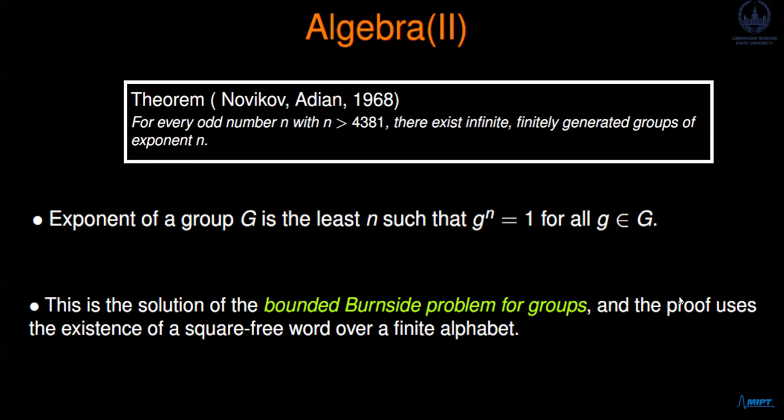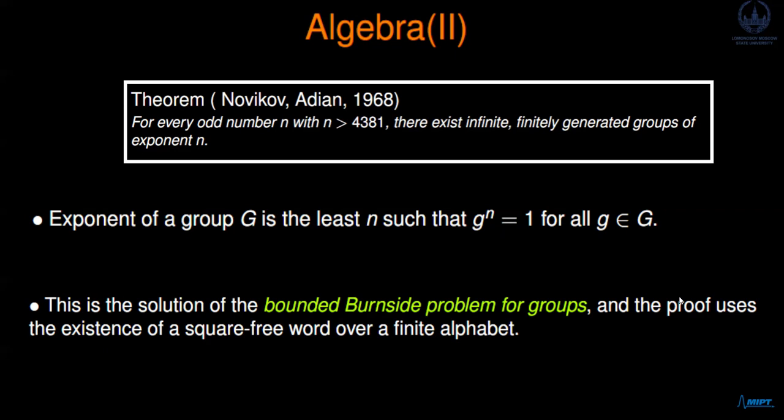What Novikov and Adian proved is that for sufficiently large odd exponent, especially n greater than 4381, there do exist infinite groups with a fixed exponent. This disproved the idea that all such groups are finite, solving the problem for those values of n.